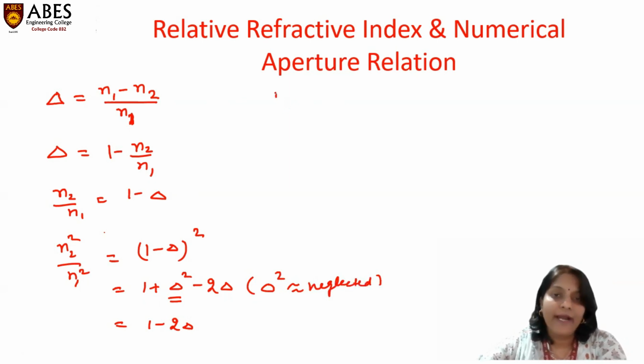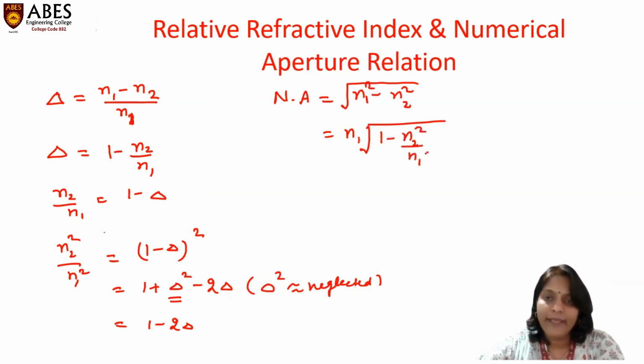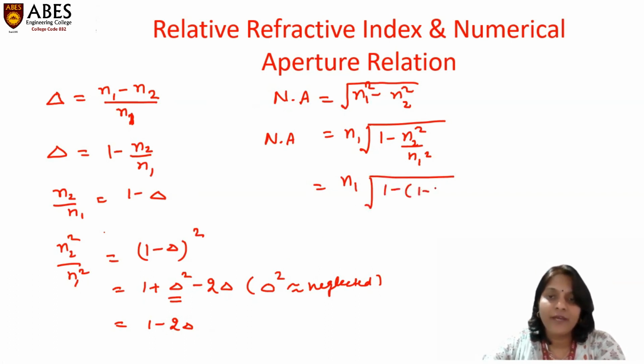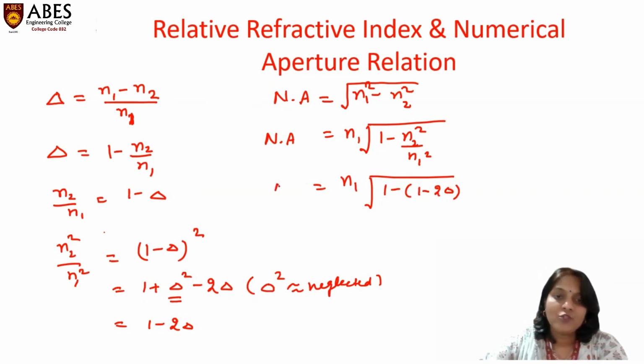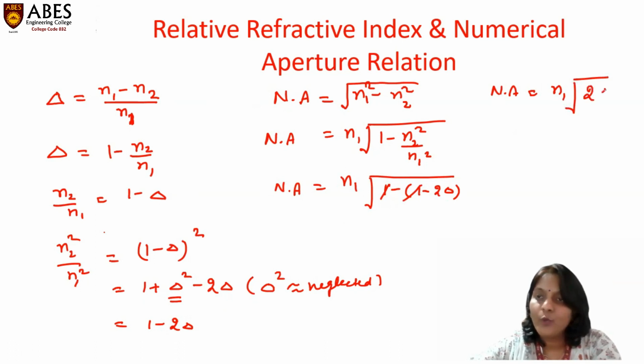Now further, we know the numerical aperture formula is the square root of N1 square minus N2 square. Taking N1 square common, it is equal to N1 times the square root of 1 minus N2 square upon N1 square. Now put the value of N2 square upon N1 square, which is 1 minus 2 delta. Solve it. The 1 will be cancelled out and it becomes 2 delta.